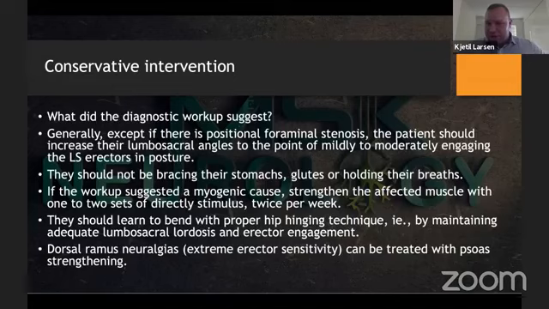Sometimes, especially if the patient is very afflicted, when you palpate the psoas, you can actually induce the radiative pain. Or if you strengthen the psoas, you will see that they have more pain the day after, which also confirms the diagnosis.